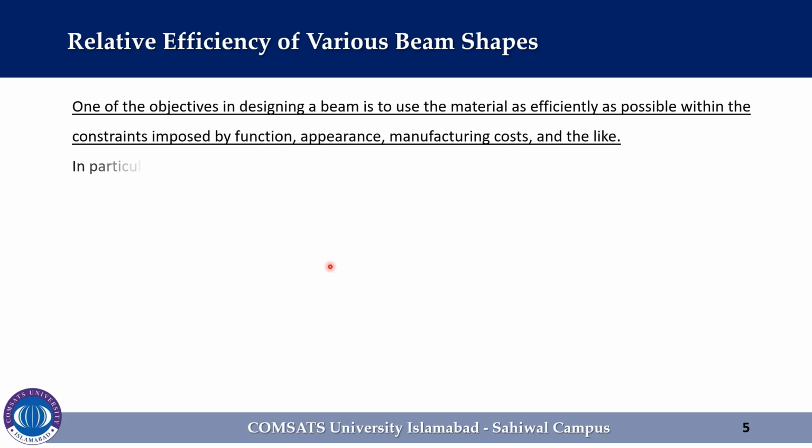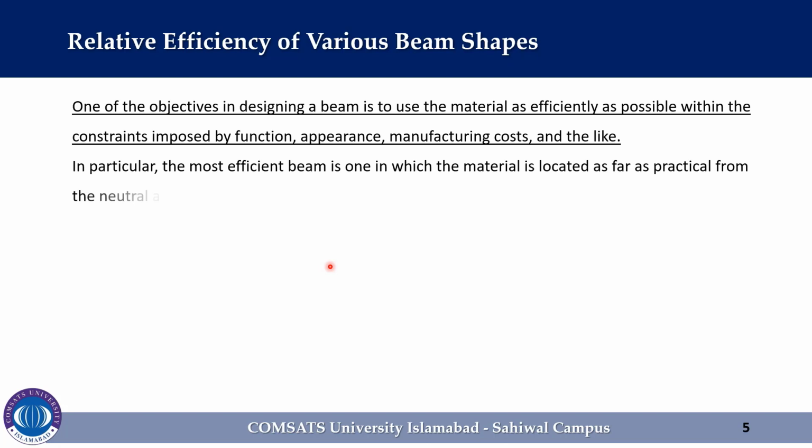In particular, the most efficient beam is one in which the material is located as far as practical from the neutral axis. The further a given amount of material is from the neutral axis, the larger the section modulus becomes, and the larger the section modulus, the larger the bending moment that can be resisted for a given allowable stress.